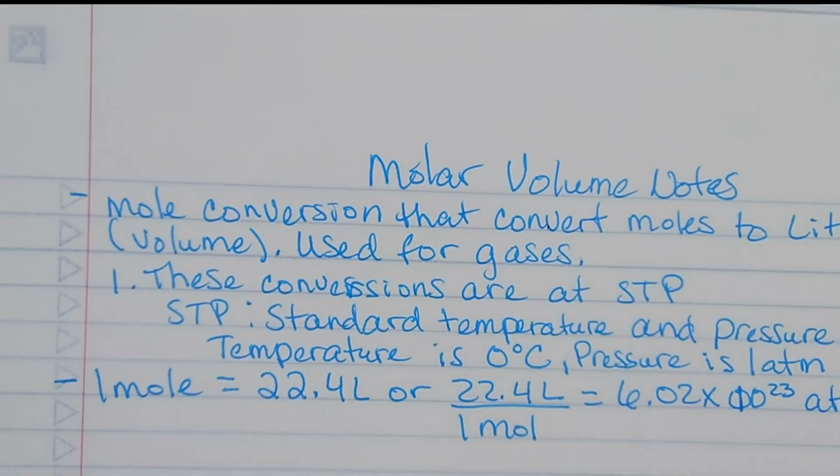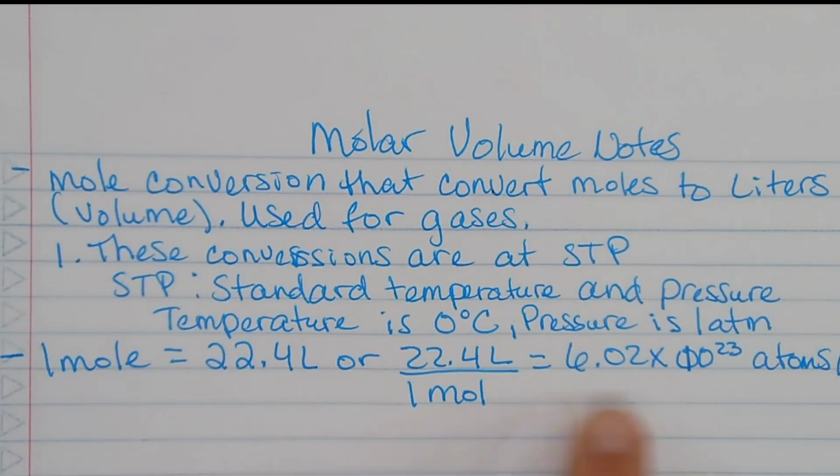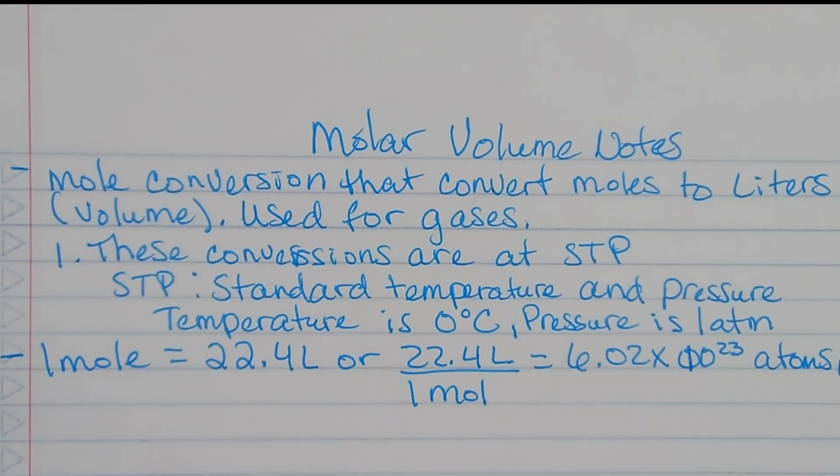So all of that is the same. Just like we talked about anything on the periodic table, when you take its atomic mass, it equals 6.02 times 10 to the 23rd atoms or molecules, which also equals 1 mole. Same thing here. In 22.4 liters of any gas, there's going to be 1 mole, which also tells me there are 6.02 times 10 to the 23rd atoms or molecules in there.